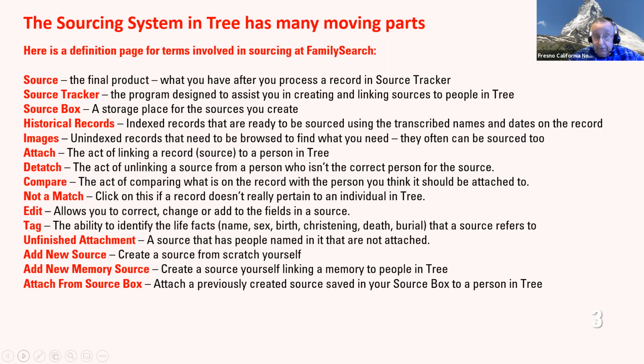There's one glaring missing term in this tagging system, and that's marriage, and we'll talk about marriage records in detail. Unfinished attachments are sources that have been partially attached to people. Some of the people in the source are attached and some aren't, and the system now tells us the records that are only partially attached, which is nice.